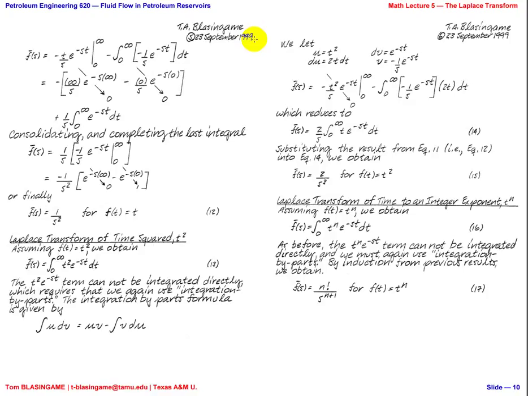We also agreed that for the case where n is arbitrary or real, not necessarily an integer, you can say that if f(t) is t power v, in the Laplace domain this is going to be the gamma function of v plus 1 over s power v plus 1. So this is the general case, right?